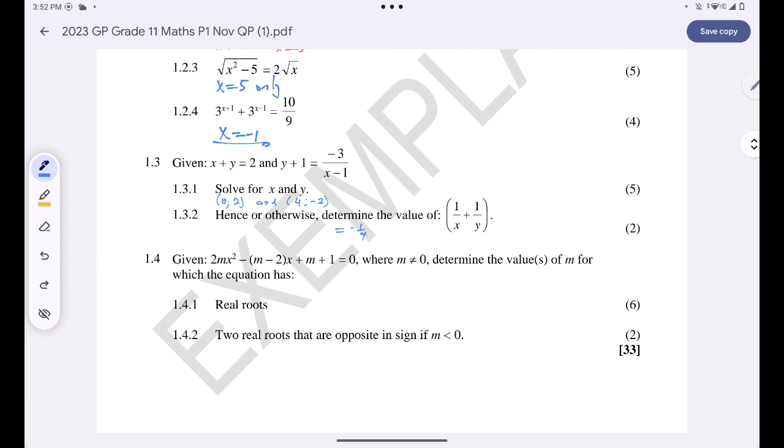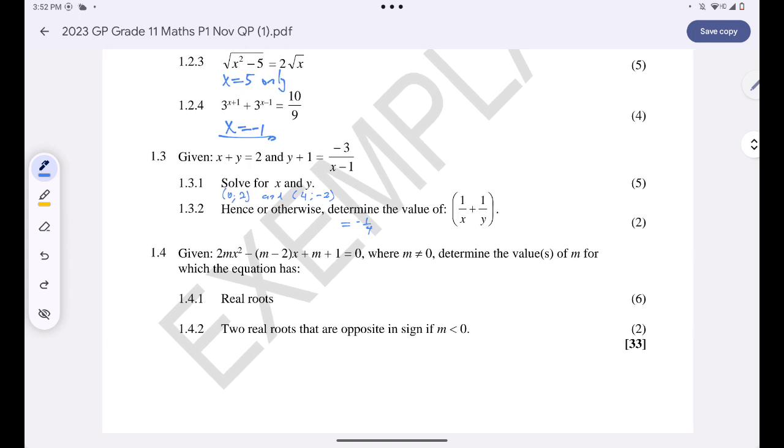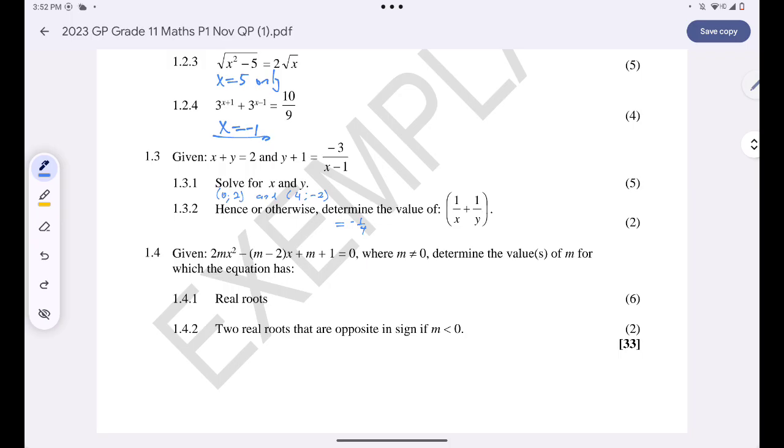In 1.4, we are given an equation, and we are told that m cannot be equal to 0. Determine the values of m for which the equation has real roots. Whenever they tell you that the equation has real roots, they are basically telling you about delta. If a quadratic equation has real roots, it simply means that delta is greater or equal to 0.